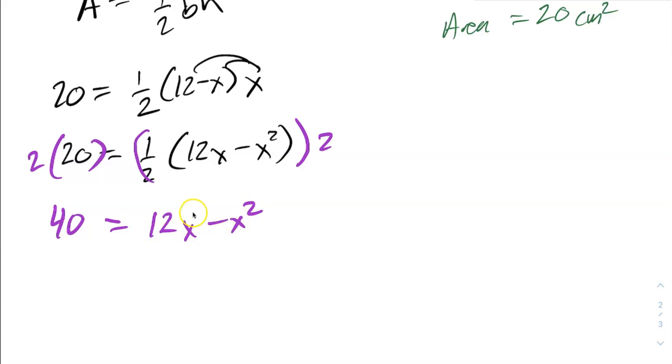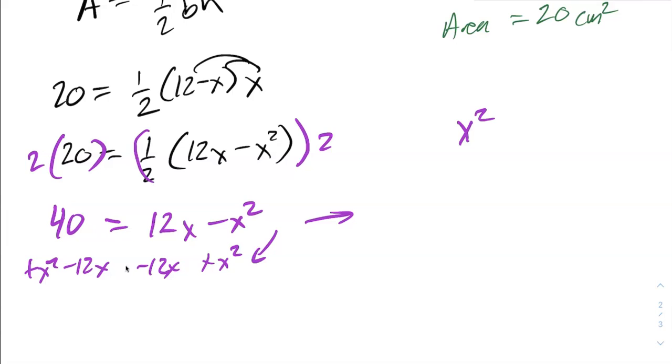The easiest way to do it is set equal to 0. I don't like having negative x squared, so I'll move this over, and move the 12 over. So I'm going to have x squared minus 12x plus 40 equals 0. Now let's see if this factors. I need two things that multiply to get 40 but add to get negative 12. Not 4 and 10, not 5 and 8.